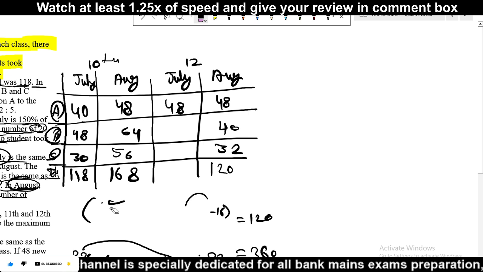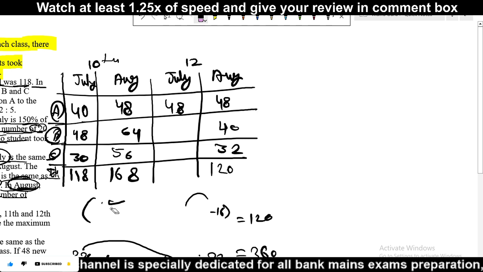Let me erase this completely. Now see, it was clearly given, you may remember, that combinedly 20 students increased from here to here.